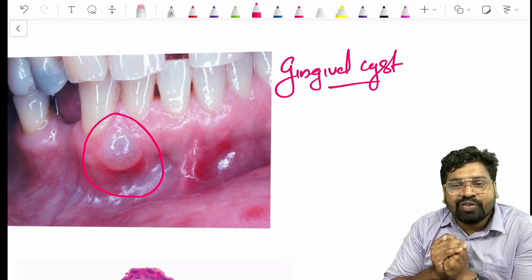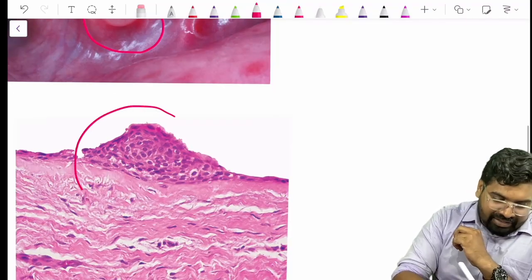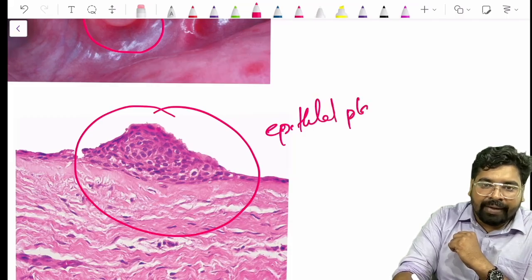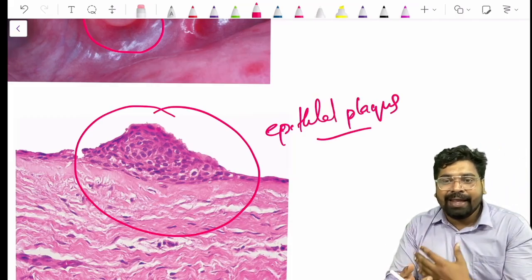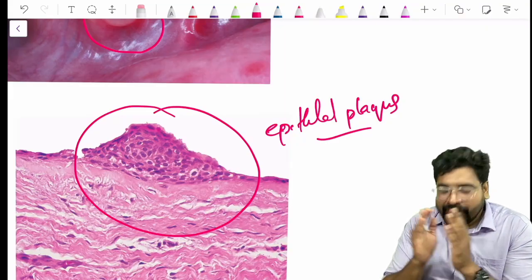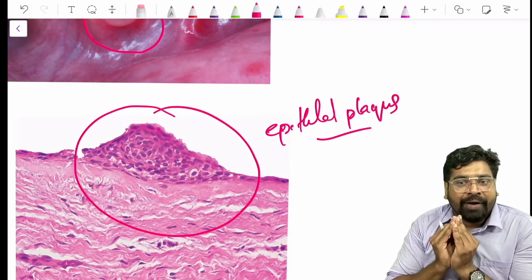Gingival cyst is actually similar to lateral periodontal cyst. This also has epithelial plaques. Epithelial plaques are seen in both gingival cyst and lateral periodontal cyst. But the lateral periodontal cyst comes in the bone.